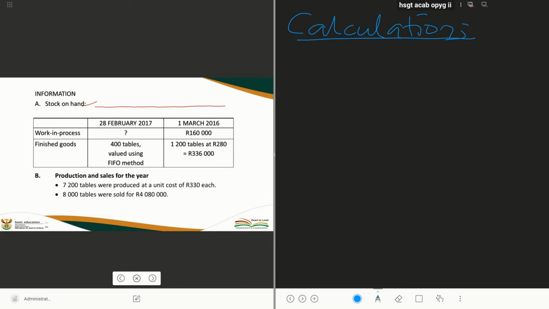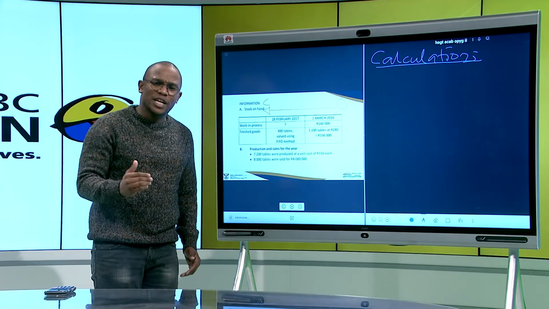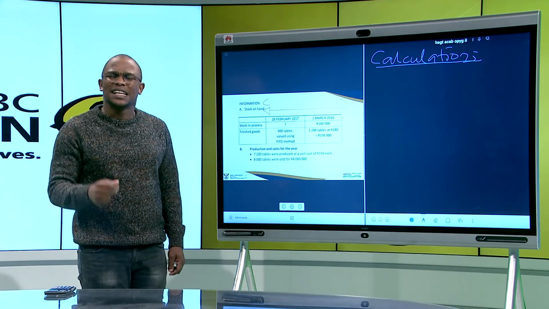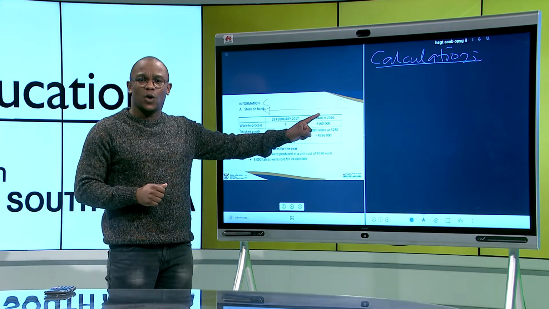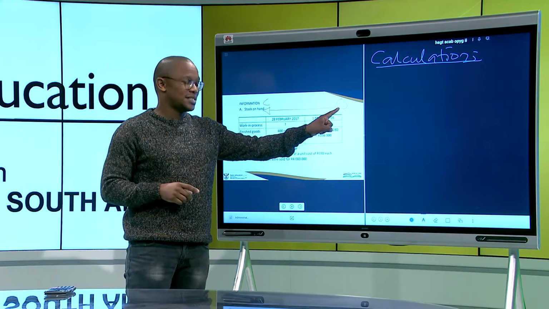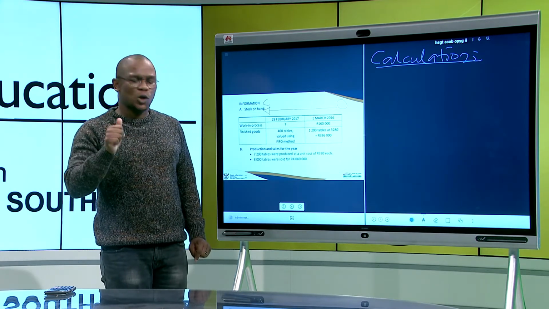I call it a love arrow. What does this love arrow mean? It means where it starts, that is your opening, and where it ends, that is your closing. So that you never get any of the two incorrect. You draw the love arrow.